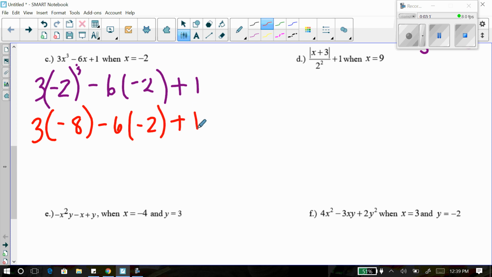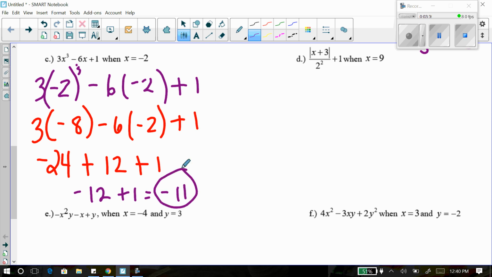Now we'll do our multiplication. 3 times negative 8, negative 24. Negative 6 times negative 2 is a positive 12. Now we do adding and subtracting left to right. So negative 24 plus 12 is negative 12. And negative 12 plus 1, negative 11.